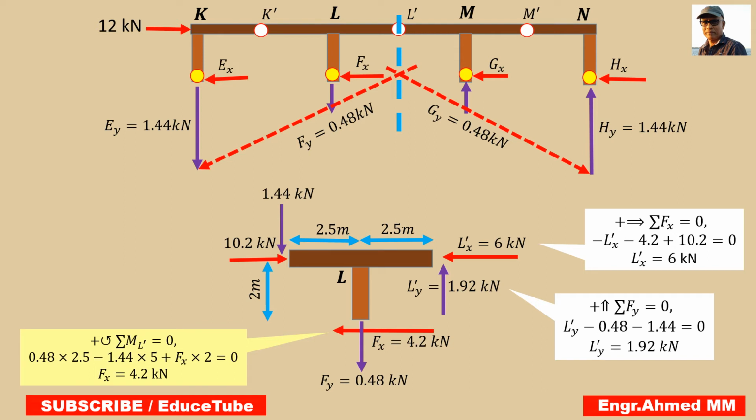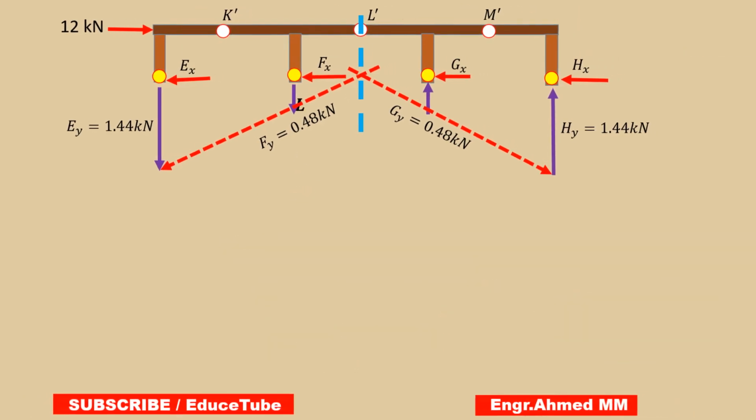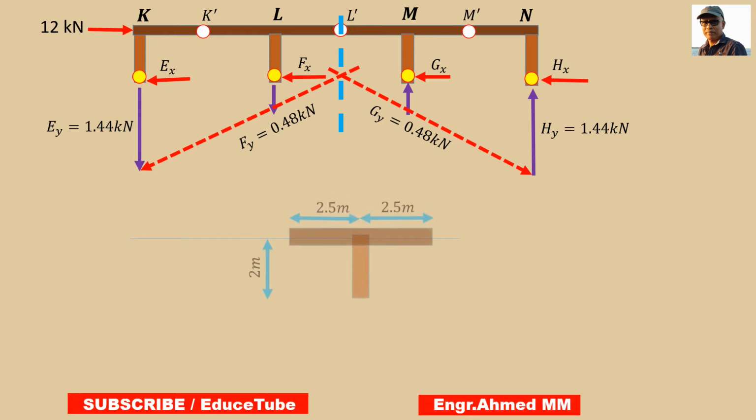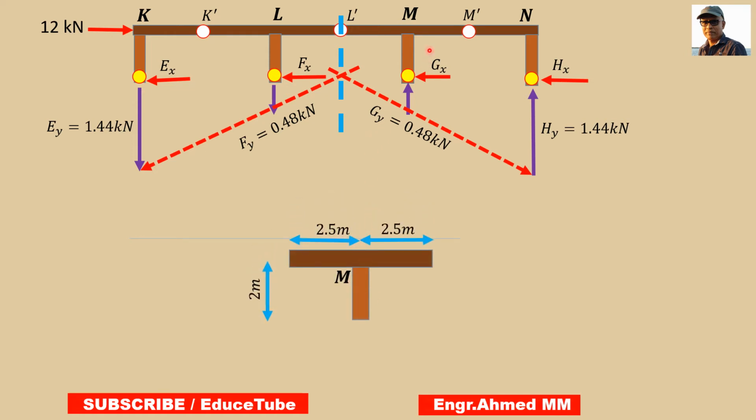Now let's move on to the M segment. So this is the M segment. Same procedure: I have to get the reaction components here. To get this reaction component, since this is M, I need these points' reaction components.